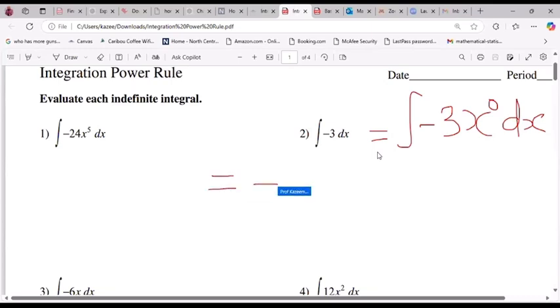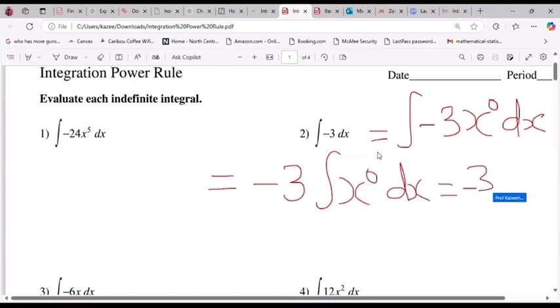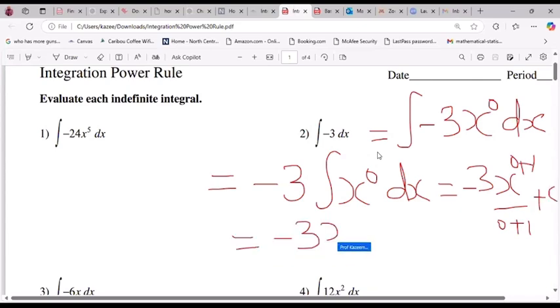Bringing negative 3 out, I'm going to have this. If you go by the way we've been doing it, it's going to be 0 plus 1 divided by 0 plus 1 plus a constant. And that's going to be negative 3 x over 1, so I'm actually going to have negative 3x plus c. That is how that is going to be solved.